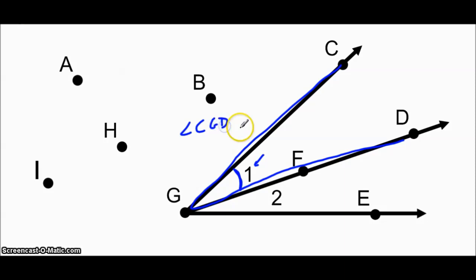But I could also call it angle 1, because there's a 1 right there. Similarly, this angle right here, I could call it FGE, keeping that vertex in the middle. But since they put a 2 here, I could just call it angle 2. I have that option, and some books like to use this.